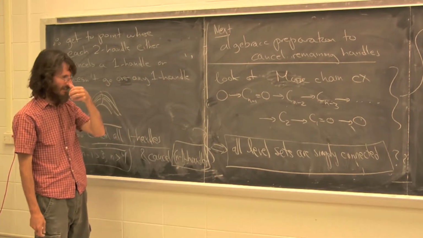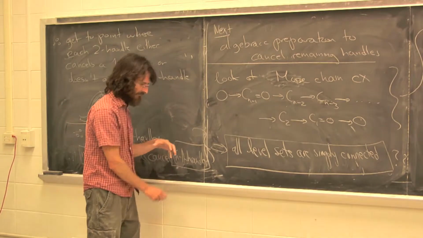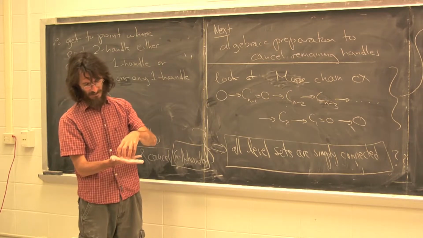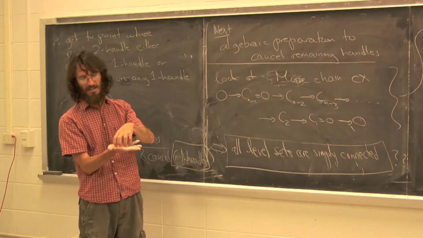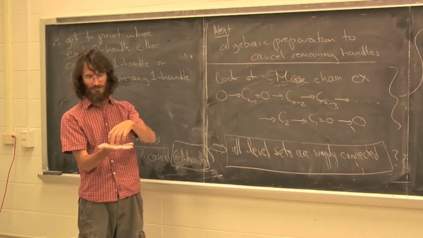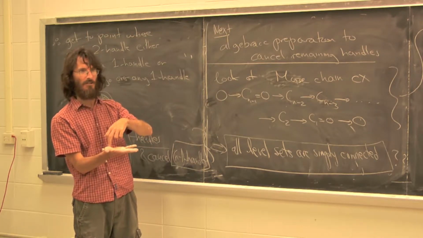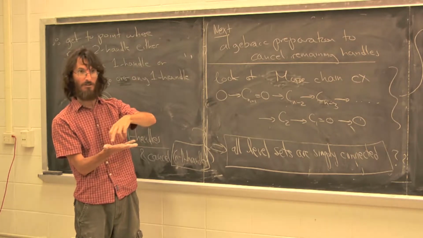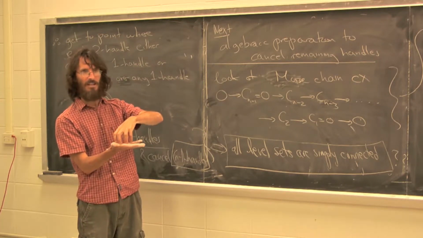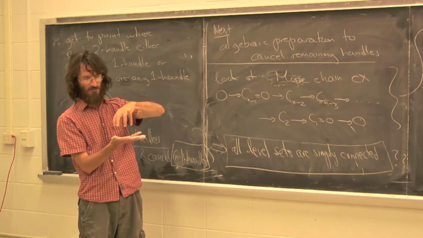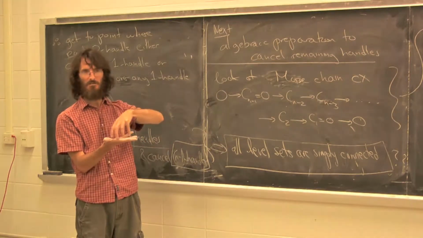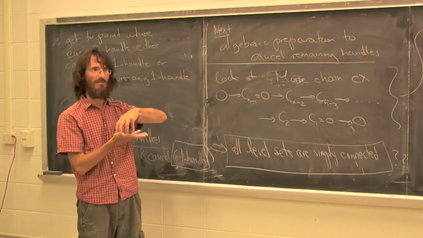So for example, if I attach a 2 handle to M0, then I create a relative cycle, even if the attaching circle for the 2 handle goes around a non-trivial loop at the bottom, because this boundary lies in the subspace.